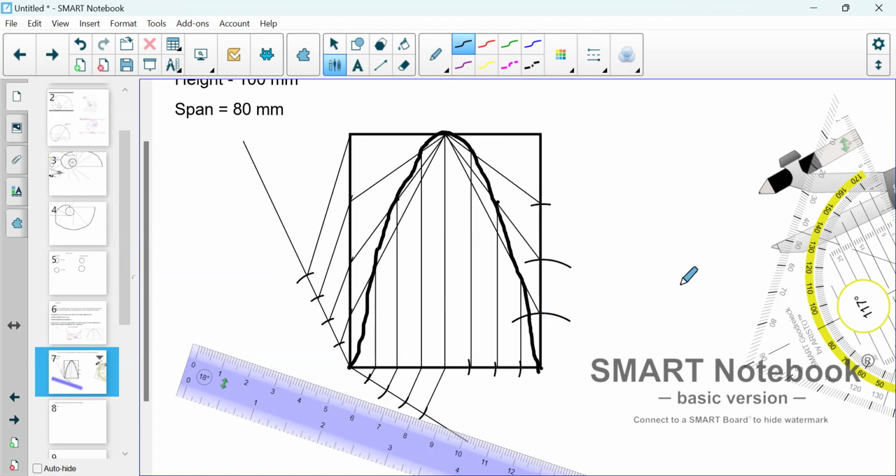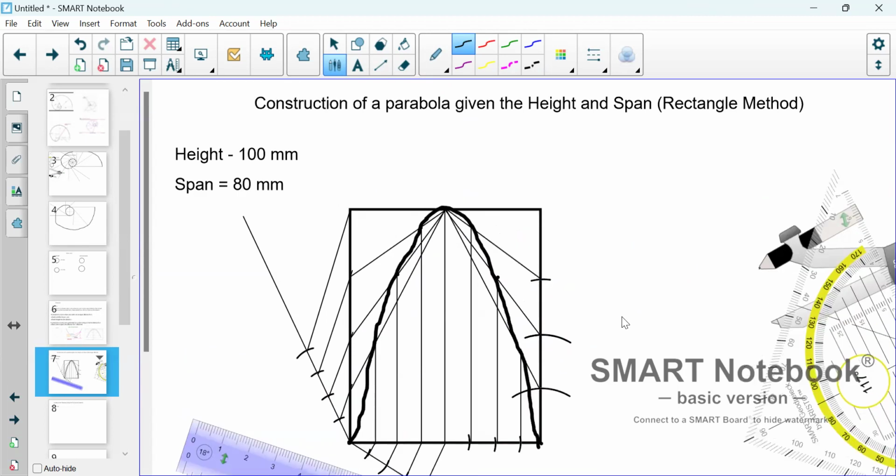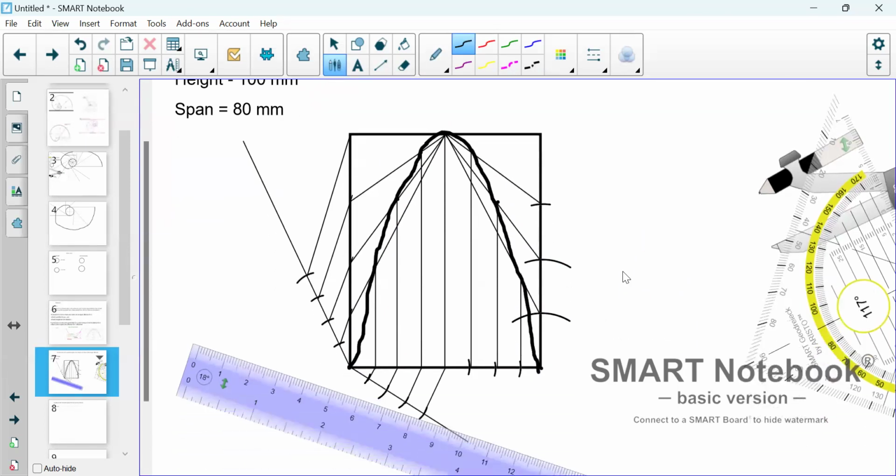All right, so that's what your parabola should look like, right? The curve for this particular method using the height and the span, or the rectangle method. All right, so that is how the construction is done. Now I will send you some more to do for the practice.